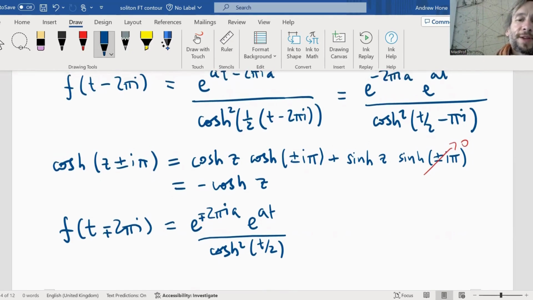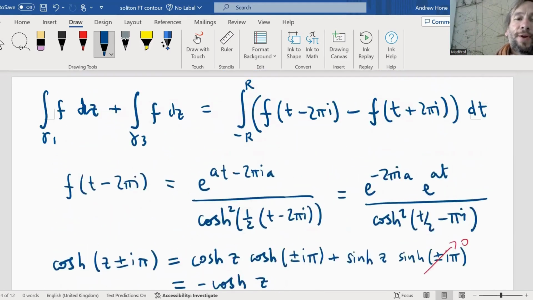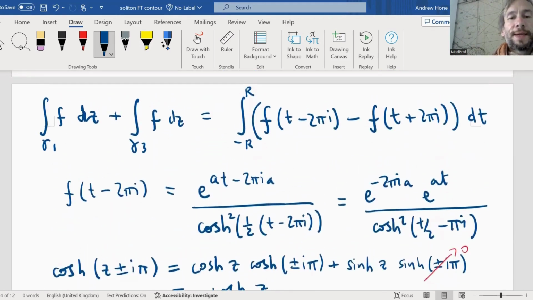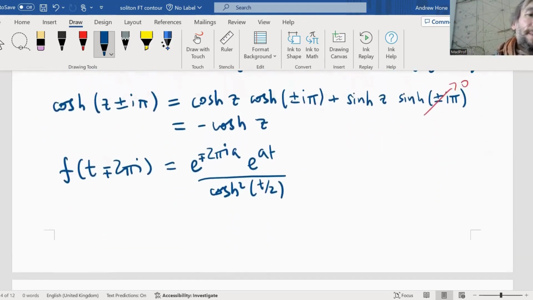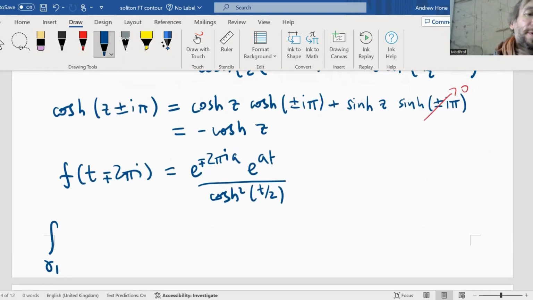So then finally the integral that we wanted to calculate along the two horizontal contours, the horizontal parts of the contour, so we get the integral over gamma 1 of f dz plus the integral over gamma 3 of f dz.